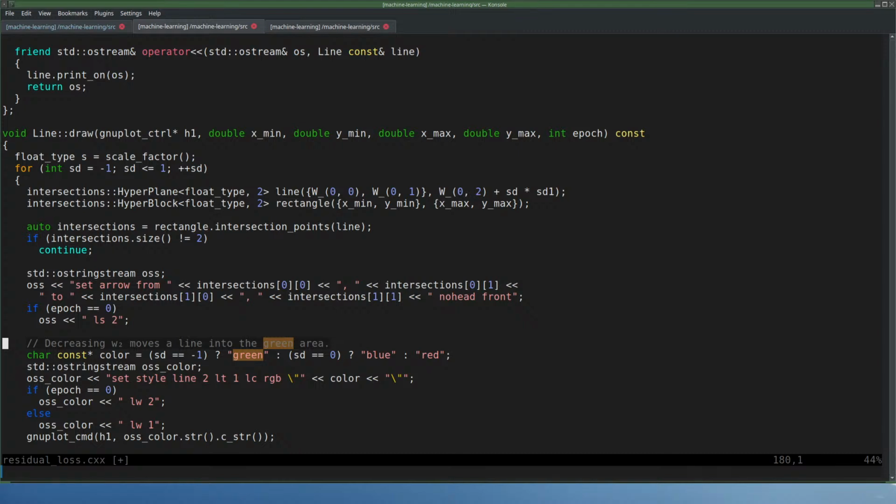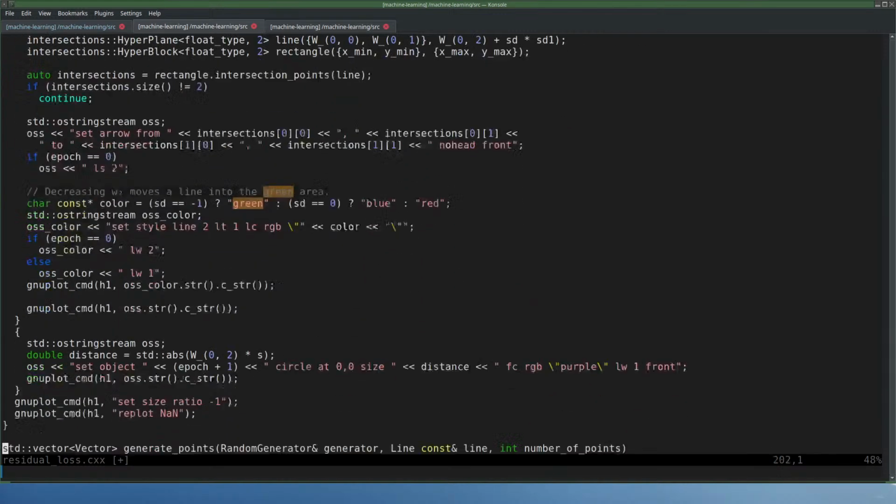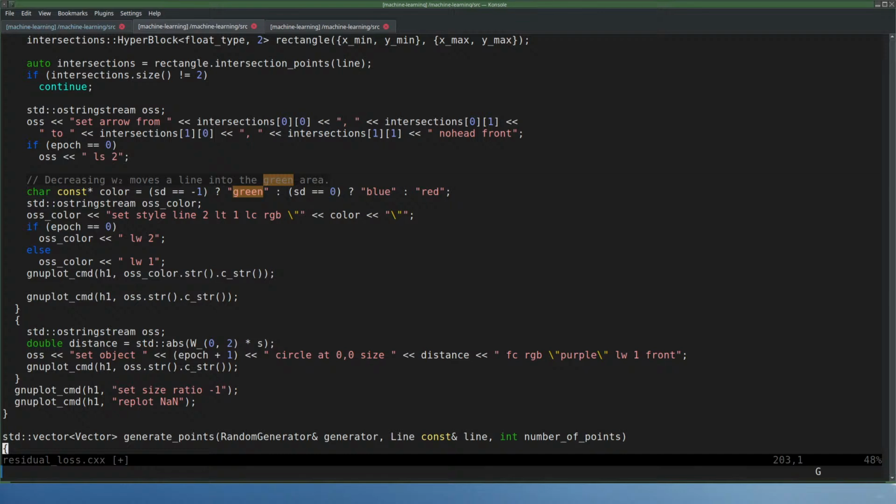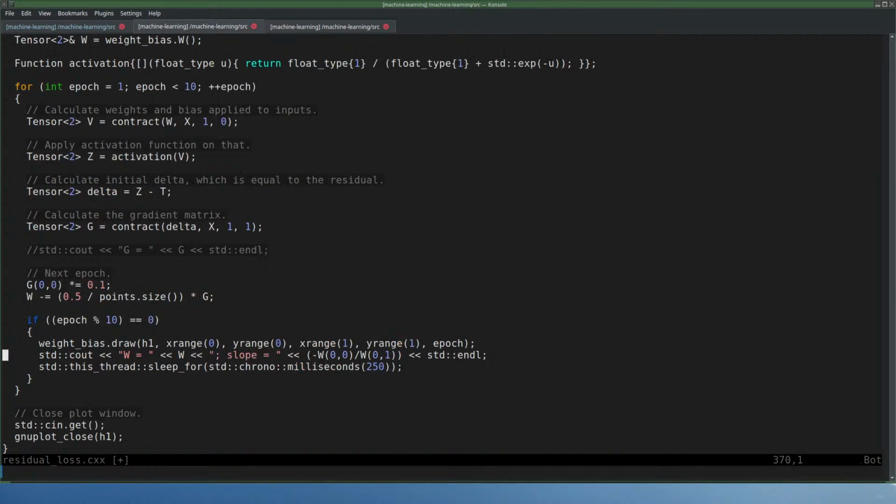So then it must be drawing the wrong color when drawing the points. Where is it doing that? Drawing the points. I think it's just this draw.